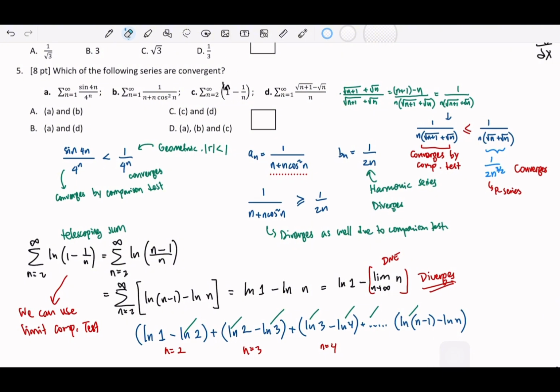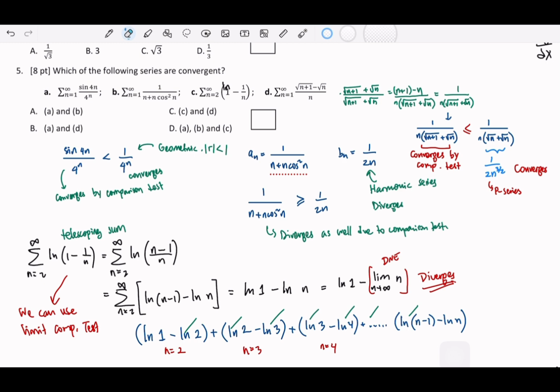Okay, now let's try number 2. Number 2. Is there any question on number 5 here? I think it can mostly be done with the comparison. This one? 1 over n.